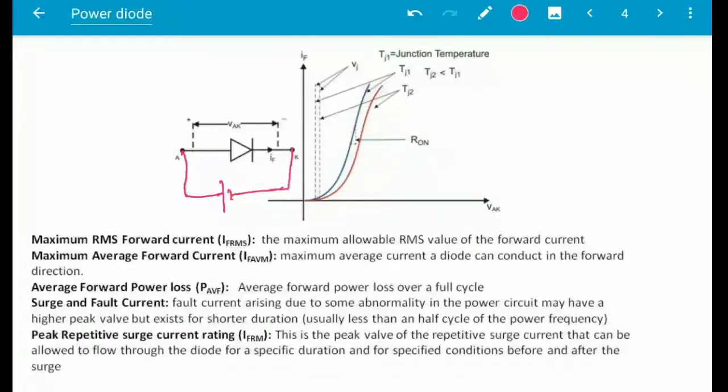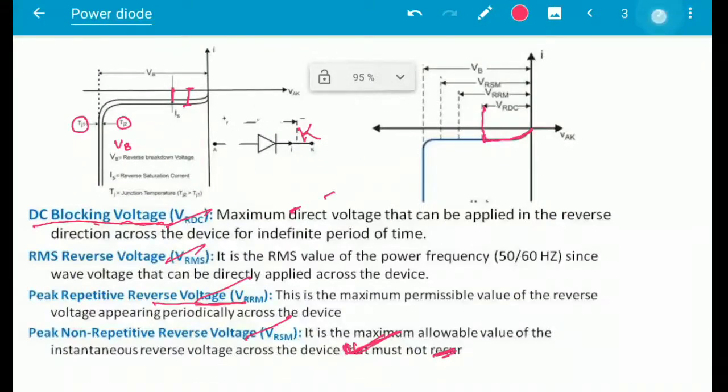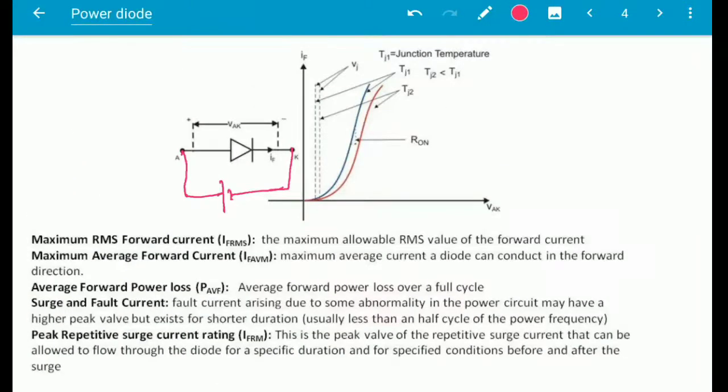In case of positive biased condition, the diode allows current through itself, and these are the definitions which should be remembered. In case of reverse biased condition, voltage is the main thing, and in case of forward condition, as it allows the current, current is the main thing, so different parameters of the current are given here.